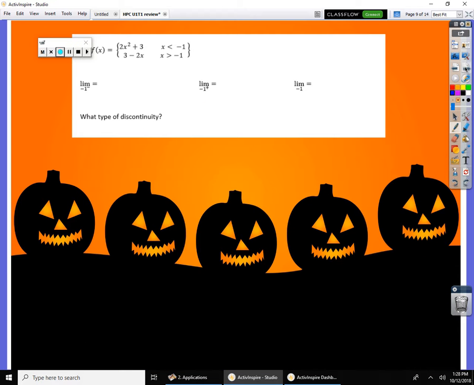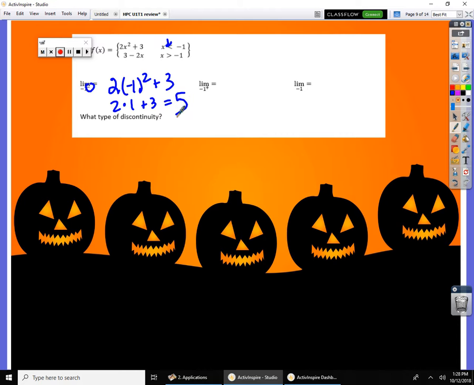Okay, this one requires some think. No, it doesn't. Okay, so left-hand side, is that less than or greater than? Left-hand side of the number line, less than. So I'm going to go with this top equation because it says less than. So I'm going to do 2 times negative 1 squared plus 3, which is 2 times 1 plus 3, which equals 5.